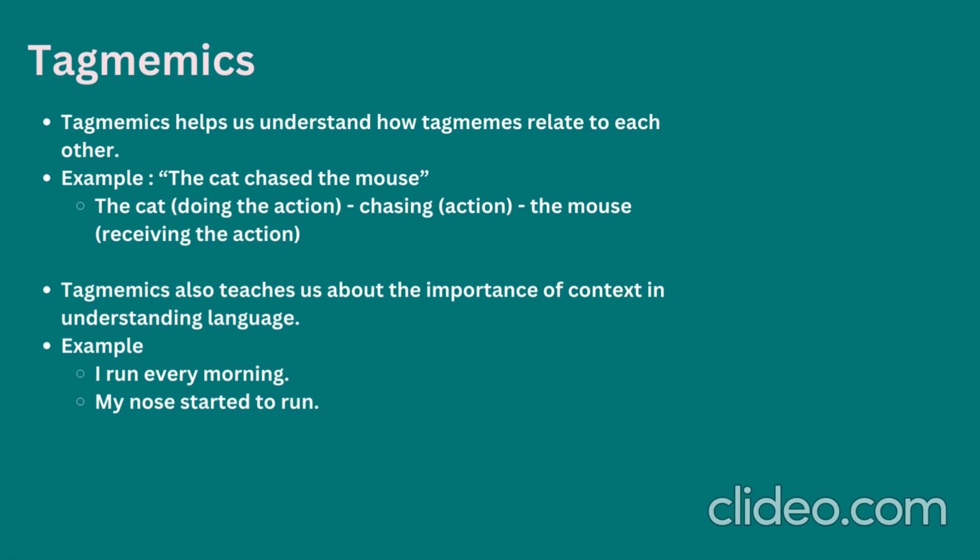Okay, that doesn't literally mean that the nose started to run. It shows a physical state that the person is suffering from. Okay, so this is the importance of context in language. In different contexts, words carry different meanings. So that is the first concept, tagmemics.